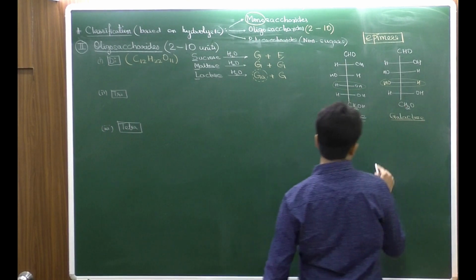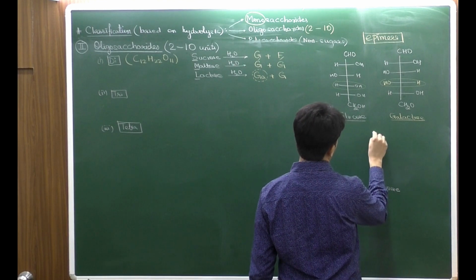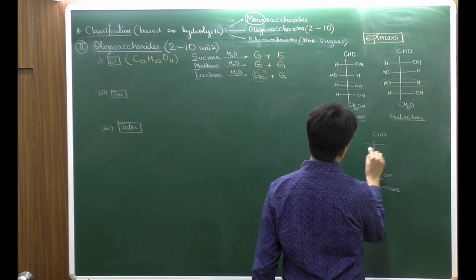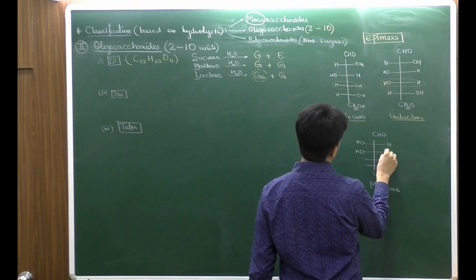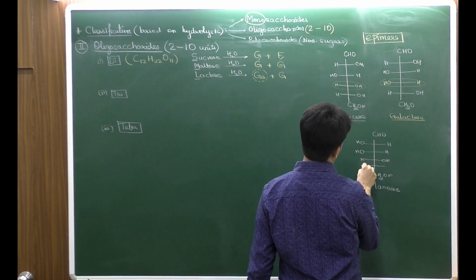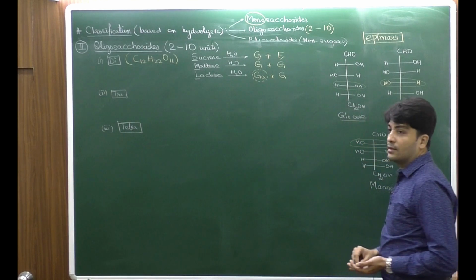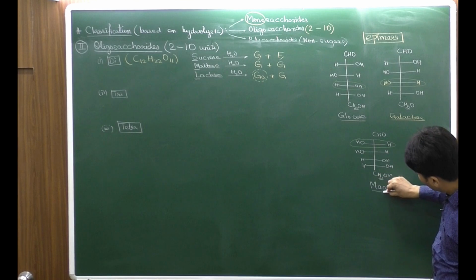Let me write one more if needed. Mannose is again an optical isomer of glucose in which the second carbon's OH is on the left. The rest of the structure is entirely the same as glucose. So where is the difference? Here. Correct? So glucose and mannose are what? Epimers.